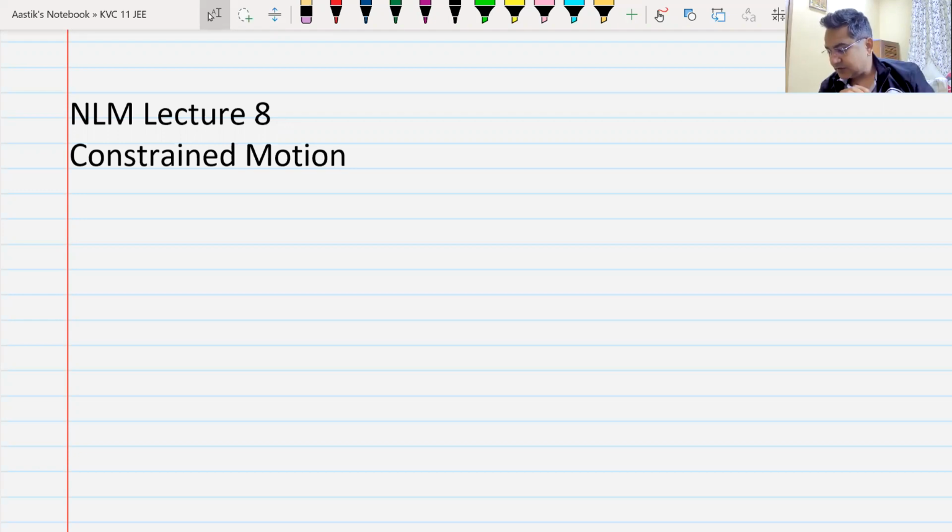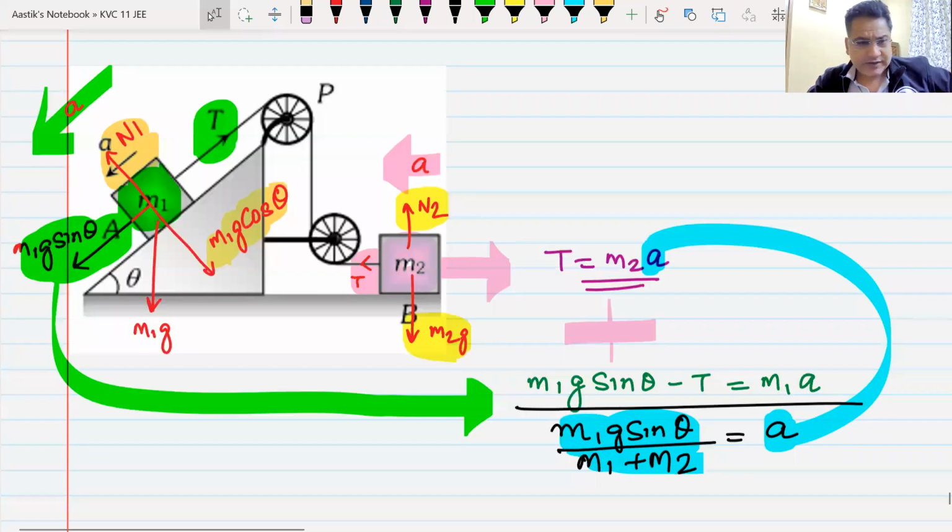We are in Newton's law of motion and we are discussing the motion of bodies which are connected. In the previous class, we had seen some examples of bodies connected with each other and we had found out their accelerations. Do we remember this?